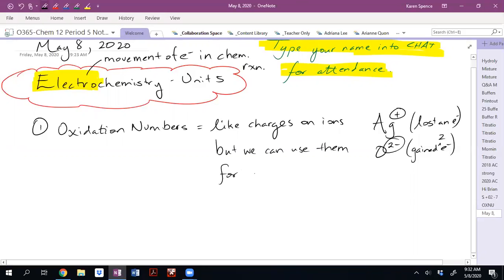We can use them for any atom in any substance, even if it's not an ion.